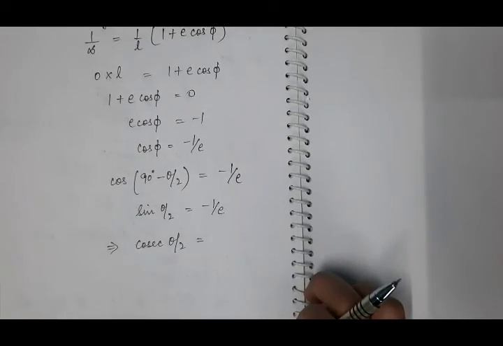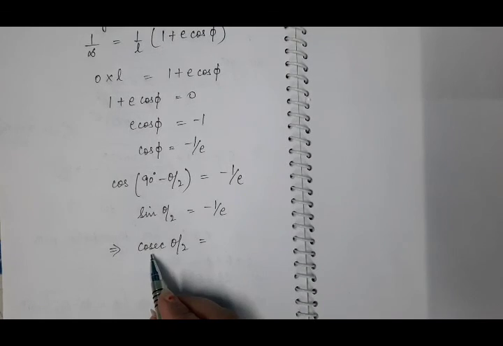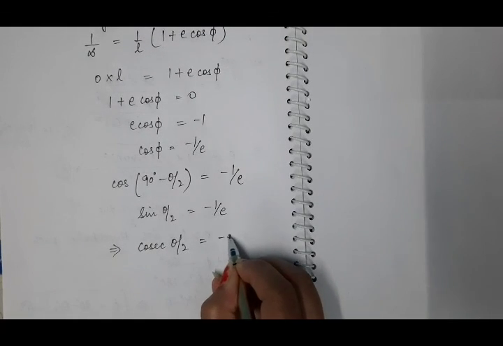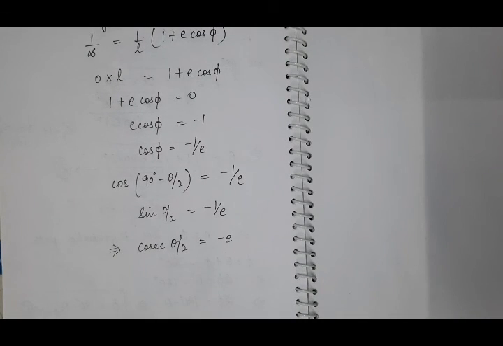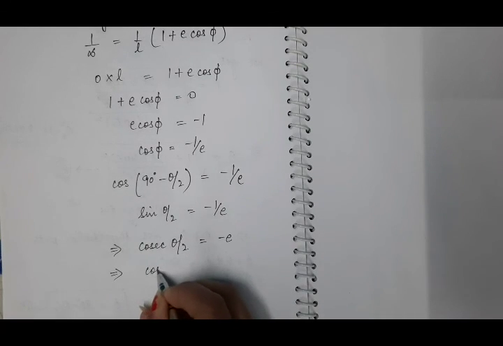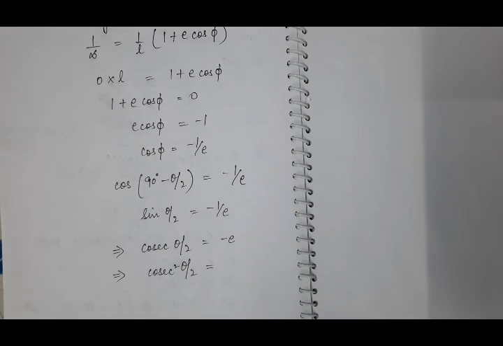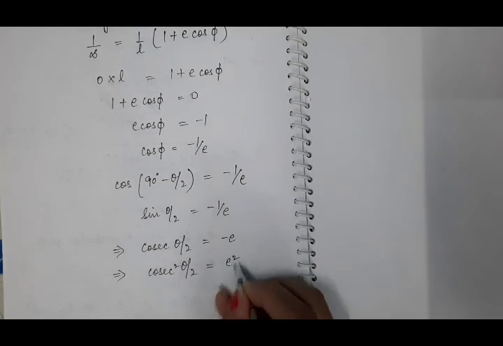So here we have sine theta by 2 is minus 1 by E. So cosecant theta by 2 will be minus E. And squaring both sides, we get cosecant square theta by 2 equal to E square.